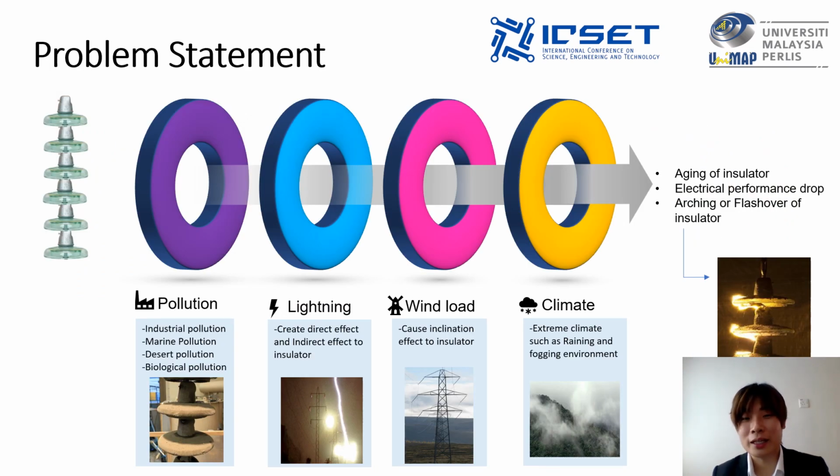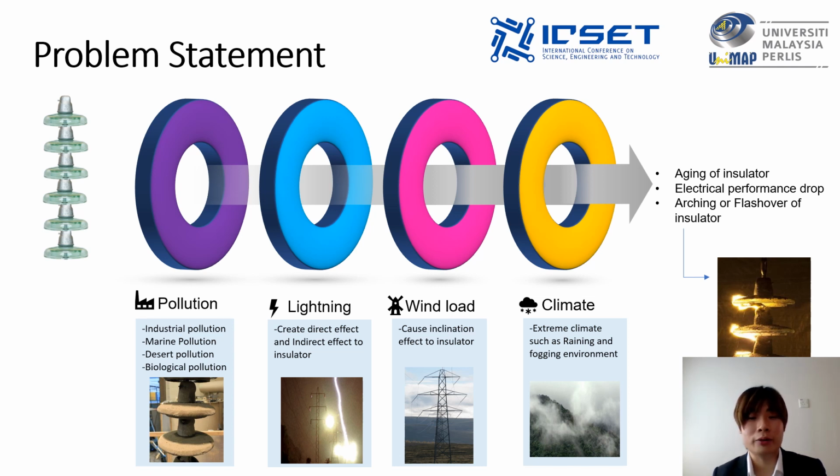Although the glass insulator is reliable, the problems or challenges come when the insulator is exposed to outer environments. The first is pollution. Generally we have four types of pollution, which are industrial pollution, marine pollution, diesel pollution, and biological pollution. From this, the contaminated surface of the insulator may create a conductive path that causes flashover of the insulator.